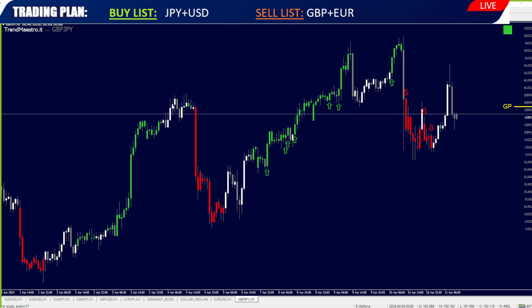Then I have white bars, no trade on white bars. Then I have a red bar, and here is a short trade which I have the option to take or not. It depends, either if it is in my trading plan, or if it's a trade I'm looking for. TRENDMAESTRO, if it is the initial signal of a trend, it never mistakes.